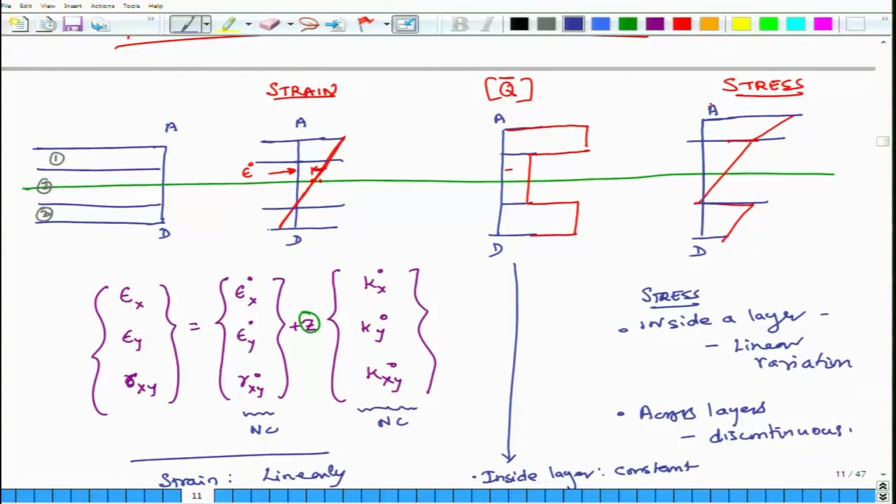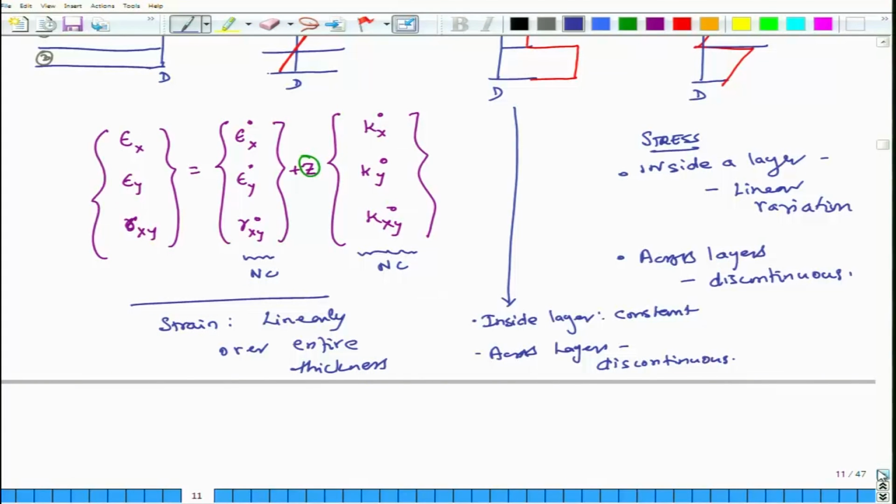So, this could be something like this. Okay. So, these are the three important observations. Strain varies linearly along the entire thickness of the composite. The Q bar matrix and elastic properties are constant within a layer, but across layers they jump and they are discontinuous, and stress is discontinuous across layers, but within a layer it varies linearly.